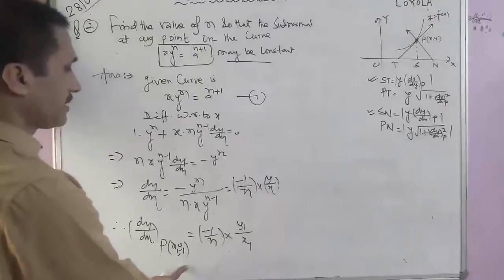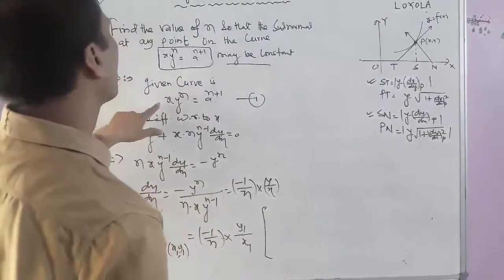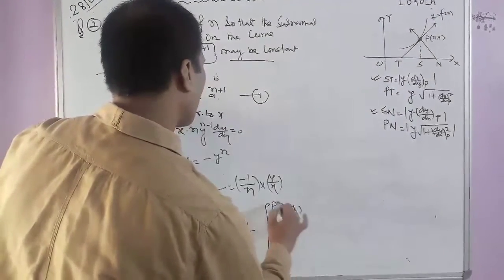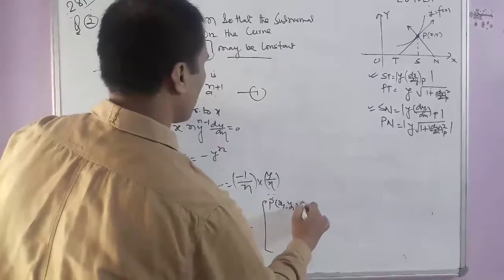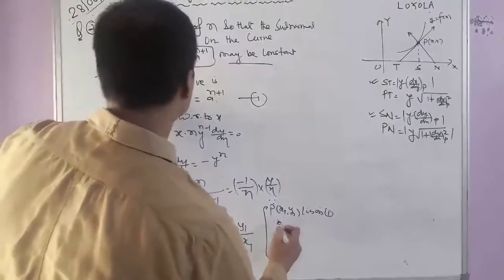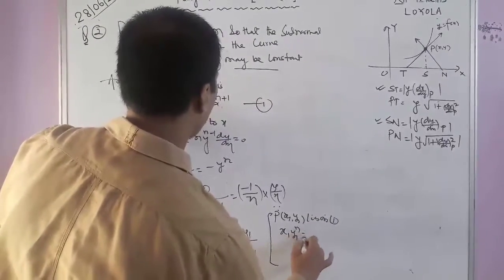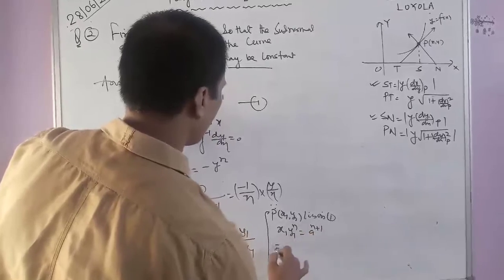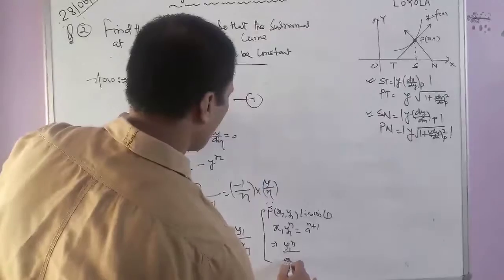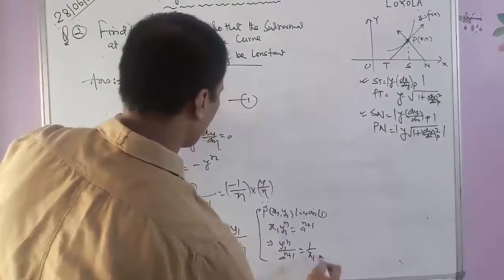Here (x1, y1) is a point on the curve. Since P(x1, y1) lies on the curve, x1 y1^n = a^(n+1). So y1^n / a^(n+1) = 1 / x1.